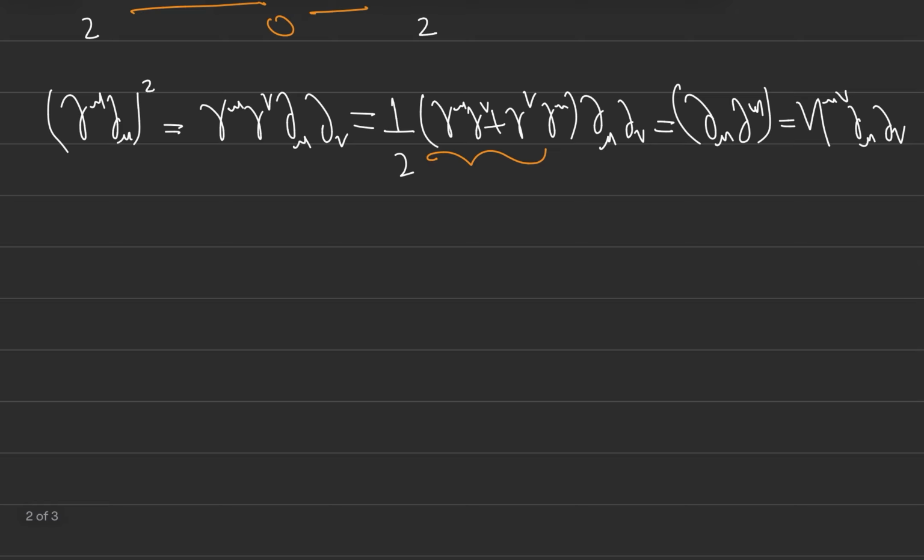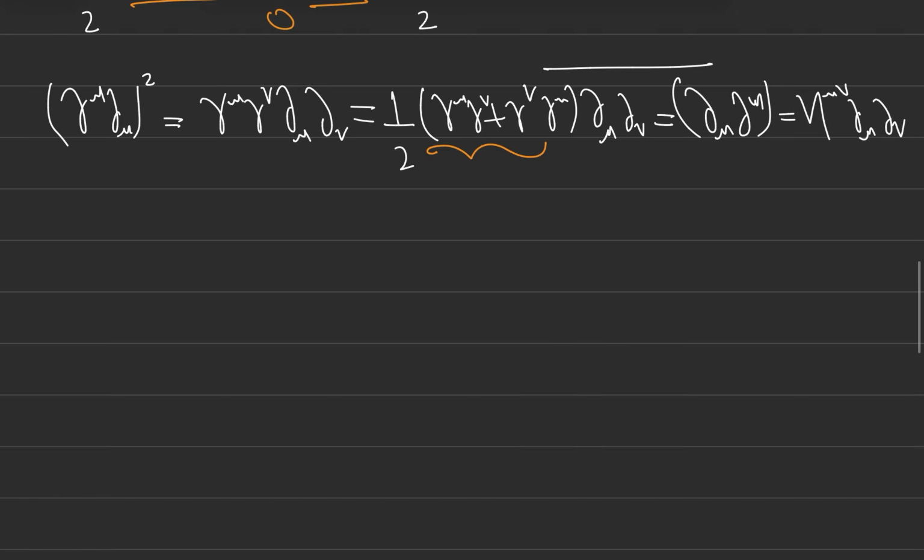Now for these two quantities to be equal, what I need is the anti-commutators of the gamma matrices to be, we know how we define it. Let me just go ahead and write it.